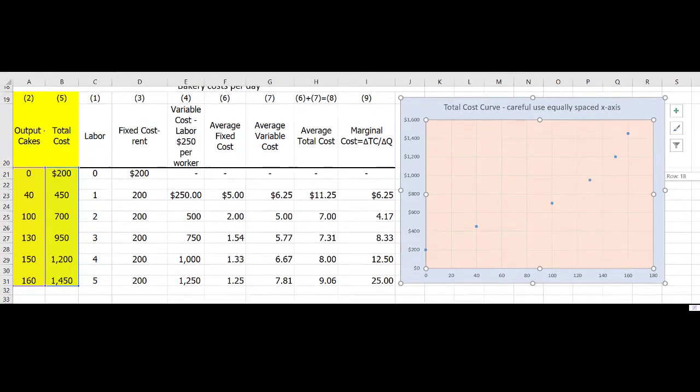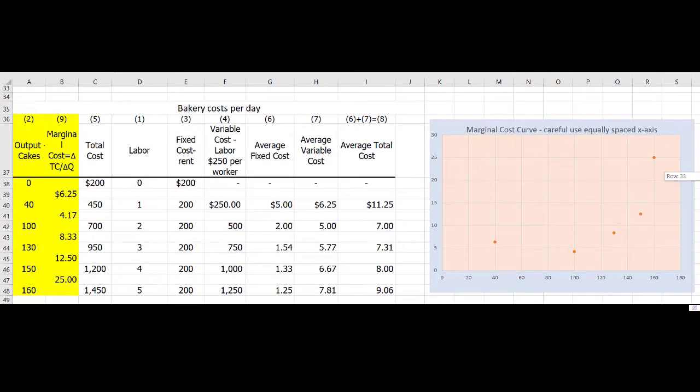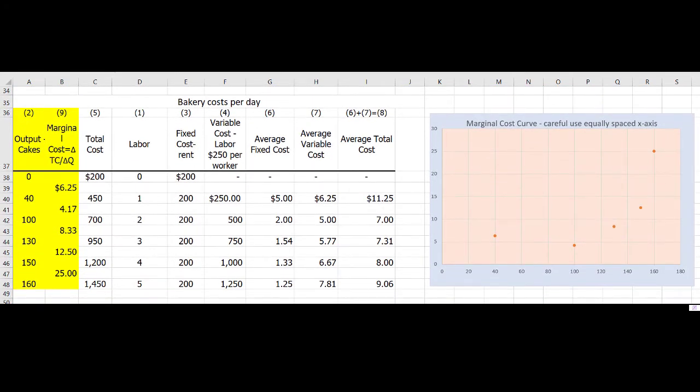Now, let's look at things from a marginal cost perspective, and that's the next area here. It's the same data, and I rearranged the columns again on the left, as I have highlighted. But look what's going on with marginal costs. It's not quite drawn the way I'd like it to be, because it's kind of hard to draw this in an Excel spreadsheet.